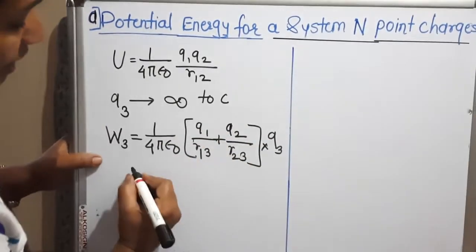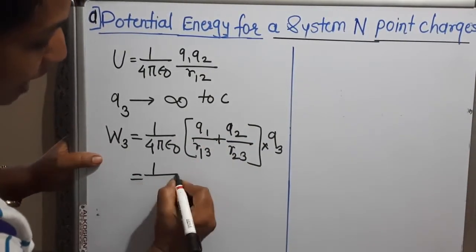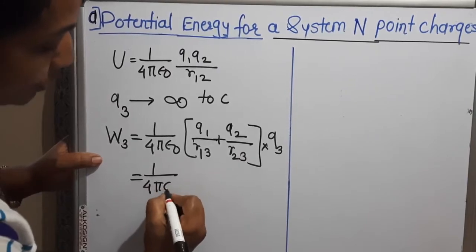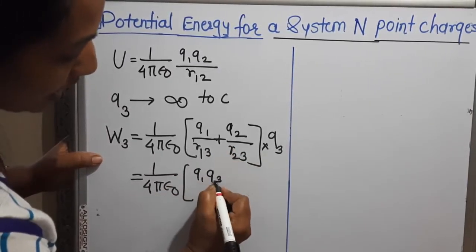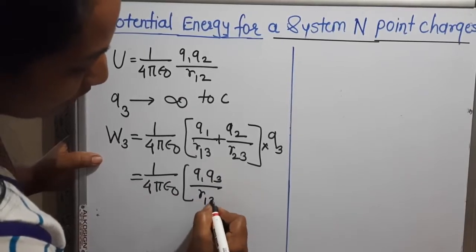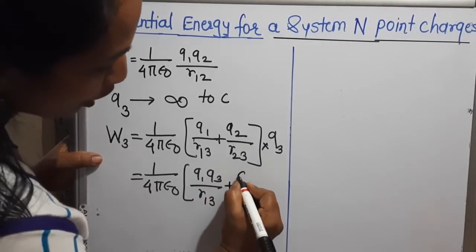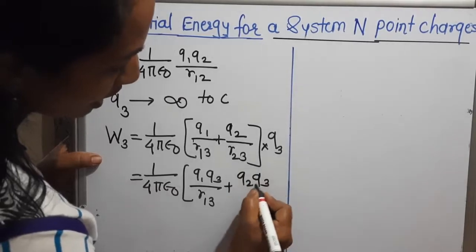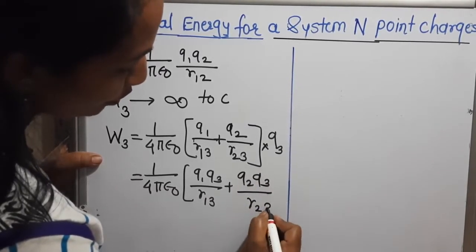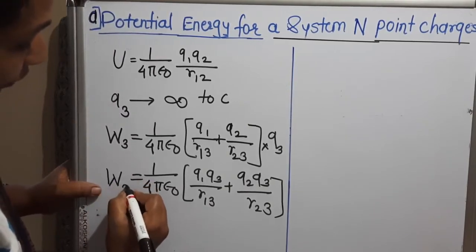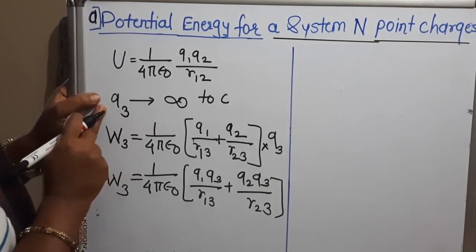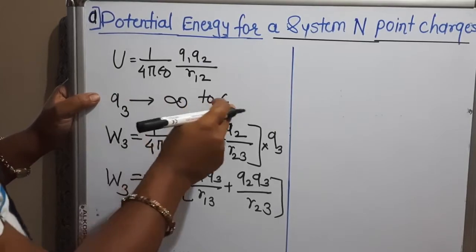After multiplying, we get 1 upon 4 pi epsilon 0 into Q1 Q3 upon R13 plus Q2 Q3 upon R23. This is the equation of work done when the charge Q3 is brought from infinity to point C.